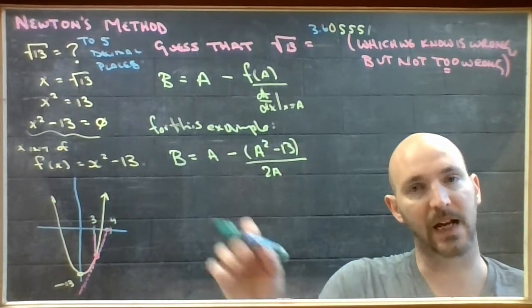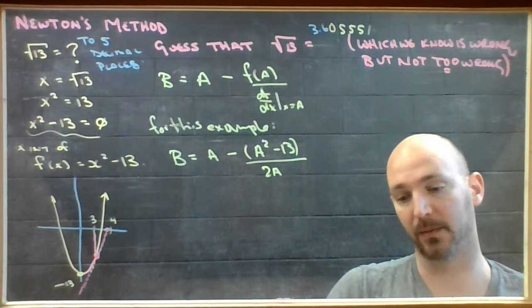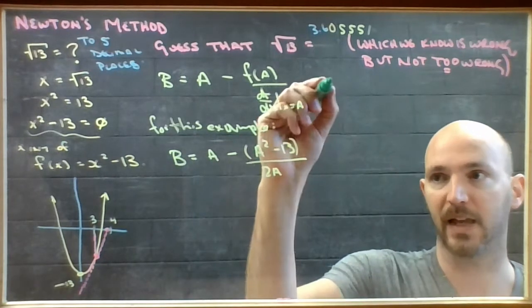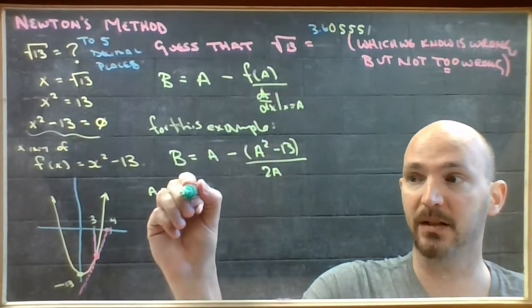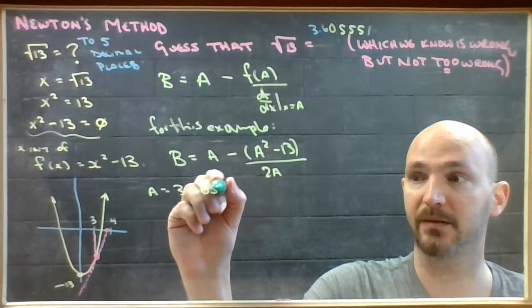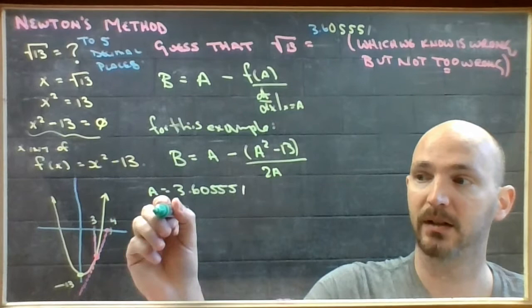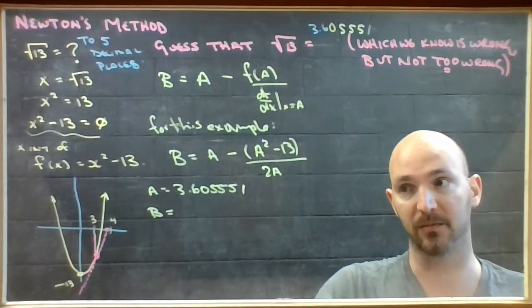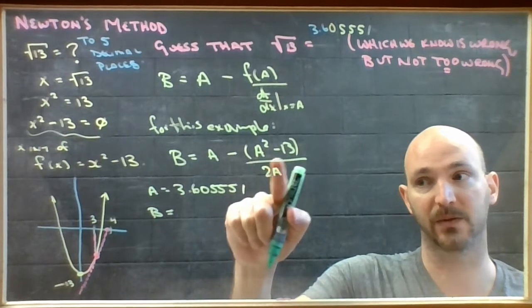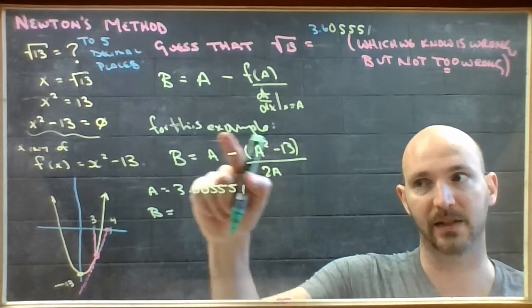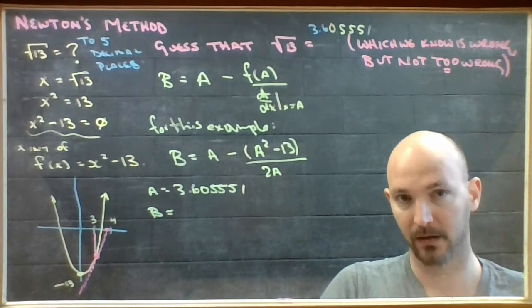So this is a little algorithm that's going to let me get through this a little bit faster. So if a is 3.605551, then I would get b by taking this number and squaring it, subtracting 13, divide by 2, divide by that number, and then subtract it from the guess I had at the beginning.